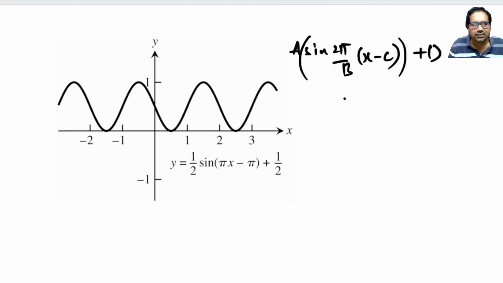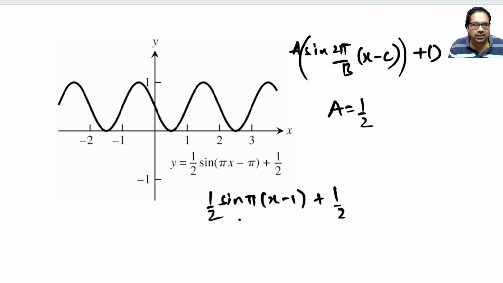Here what is A? A is half. And we have to convert this sine pi x minus pi. What does that mean? Sine pi into x minus 1, plus half. We are slightly converting this into this format.